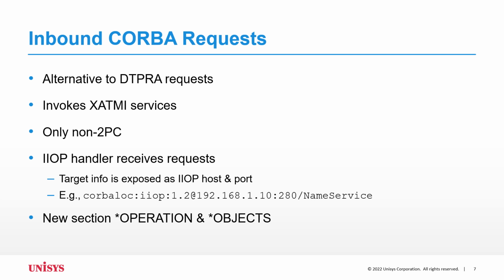The IIOP handler receives the request from the Corba client as IIOP host and port. Corba requests support both SSL and non-SSL connections. As mentioned in the example, you can access a service using the IIOP host, port, and name of the service. We added new sections, star operation and star objects, to support the Corba requests.